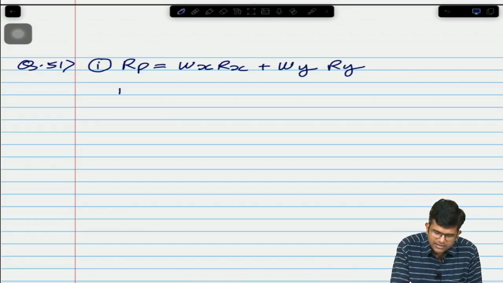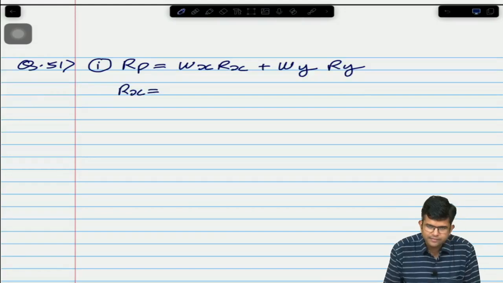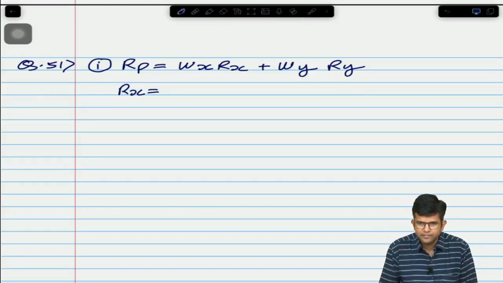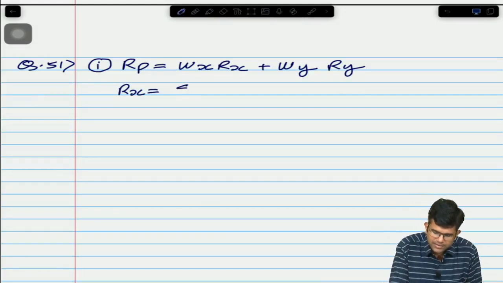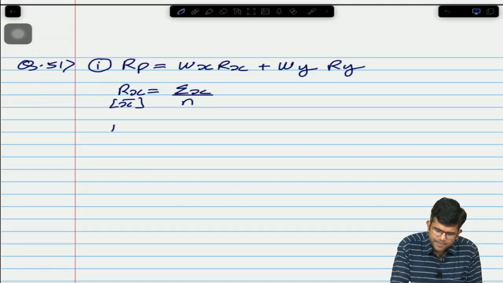For that, can I say you will require Rx, which will be summation x by n. Rx is nothing but x bar here, and Ry will be summation y by n.